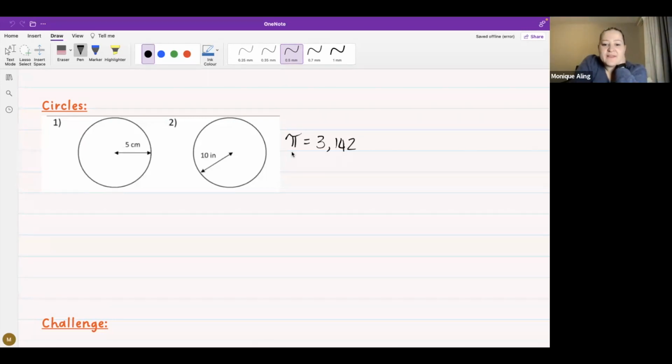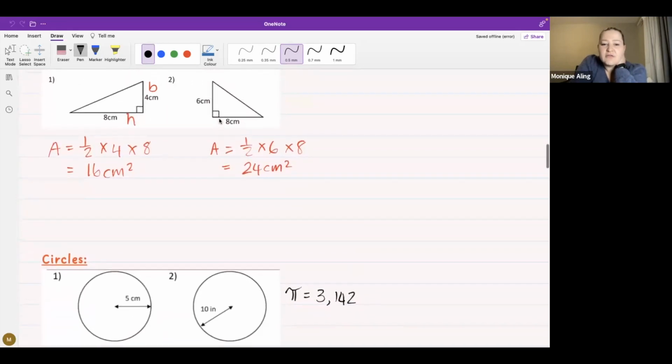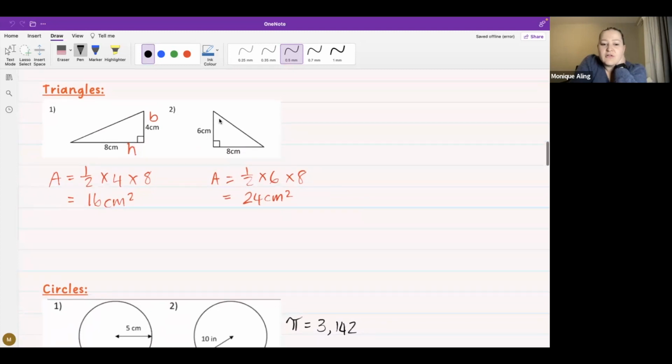Carmel, you said, what about the second one for the triangles? Can you see the answer now? Deja.